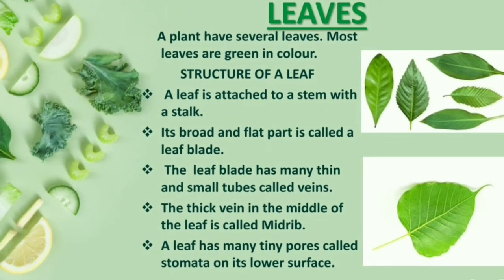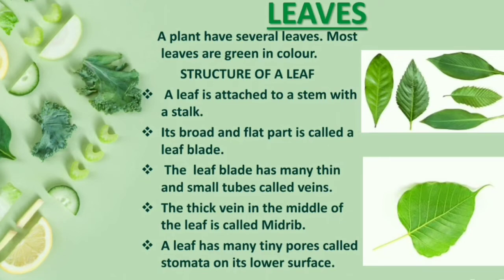Now the leaves prepare the food for the plant, and that's why they are known as the kitchen of the plant or the food factory of the plant, because leaves prepare the food and distribute it to the different parts of the plant. Now how do these leaves make the food? They make the food by the process of photosynthesis. Photosynthesis is the process by which they prepare their food.